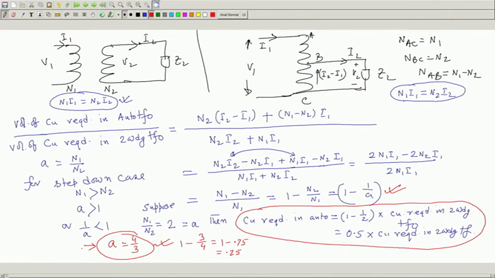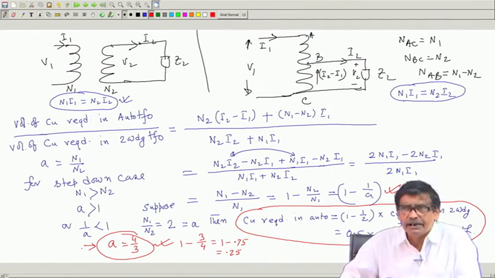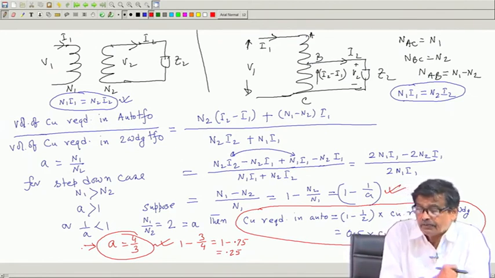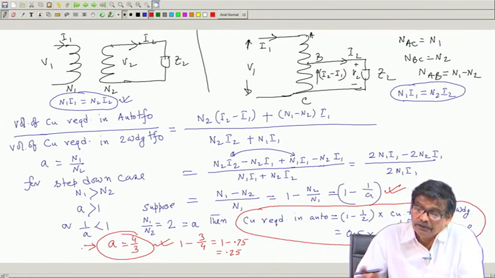So, if that be the case, then wherever you require a transformation of voltage, two candidates are there. You can choose a two winding transformer or an auto transformer.